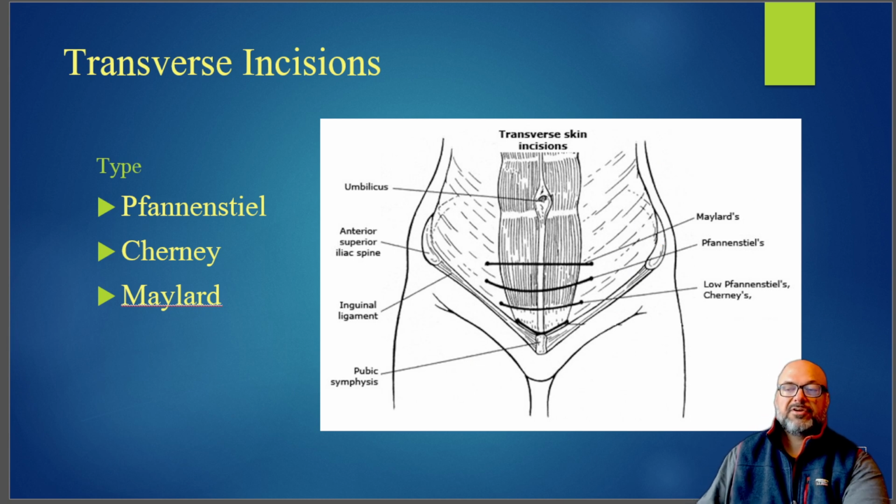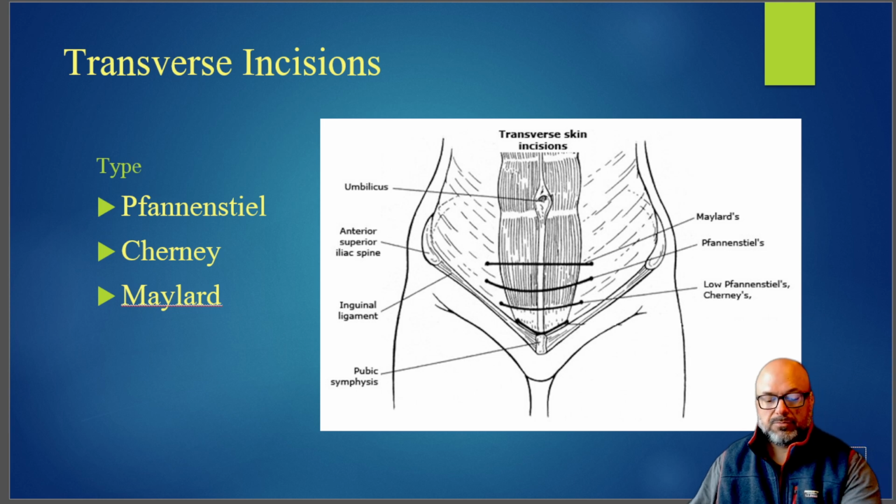So, transverse incisions. Again, Pfannenstiel, absolutely the thing that we use most frequently here. So it's somewhat curved, about 2 finger breadths, 2 to 3 centimeters above the pubic symphysis. And then as far as length, it depends what procedure you're doing.